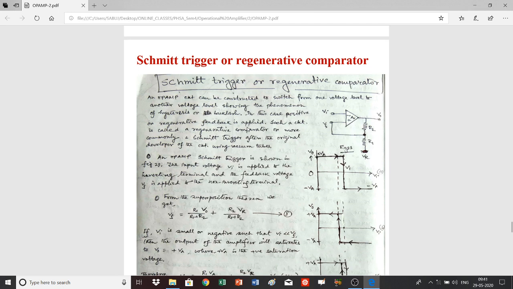As I already told, positive or regenerative feedback will be applied in this case, and an op-amp can be used to implement or design a Schmitt or regenerative comparator. And the simple basic diagram is shown in this figure.